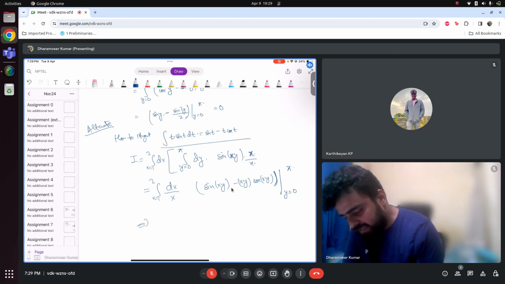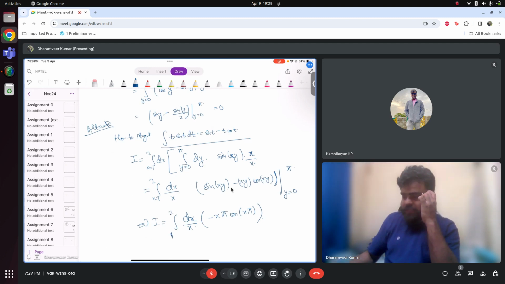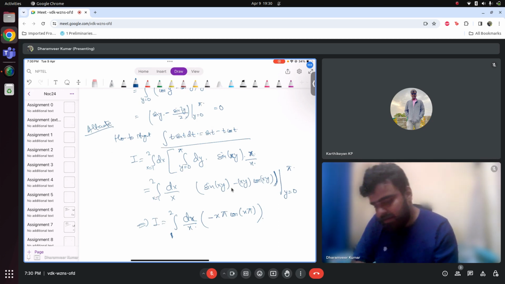That implies I is equal to dx over x into minus x pi cos x pi from 1 to 2. So x will get cancelled, right?